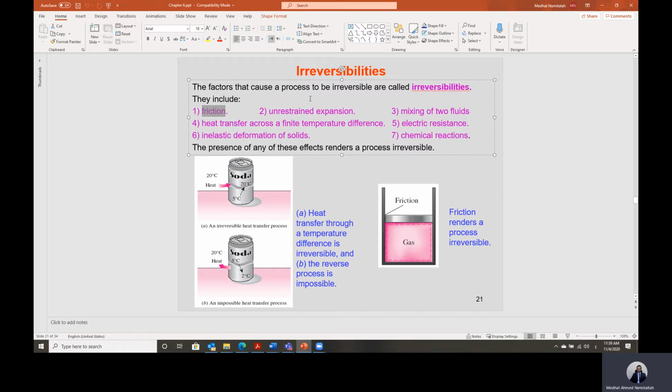So we have to exert more energy in order to get this steel bar to the original state. So we cannot retain the unrestrained expansion of a solid.